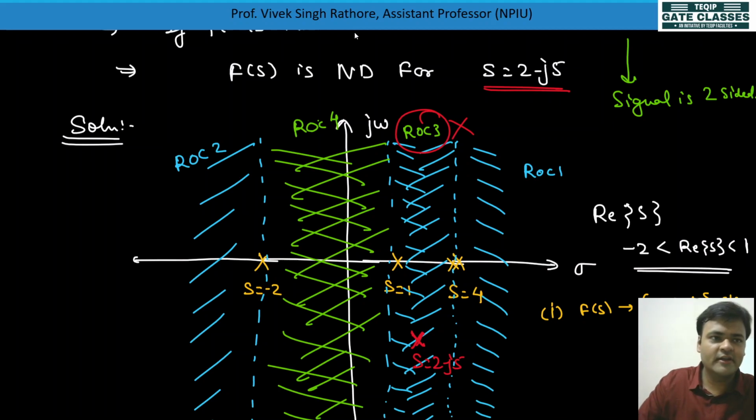For a causal system all signals should be right-hand sided, so ROC 1 will be considered. That means the real part of s should be greater than 4. This is the final ROC.